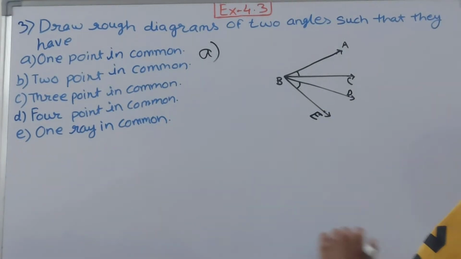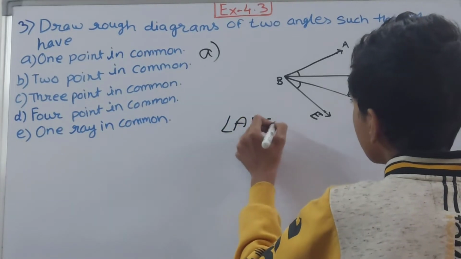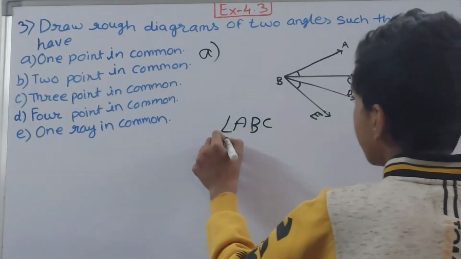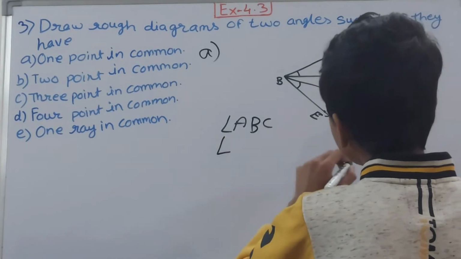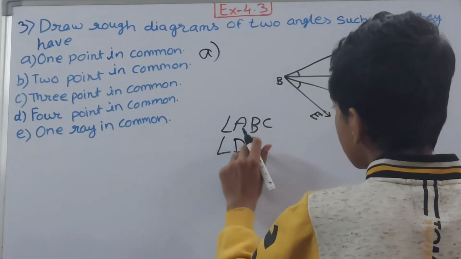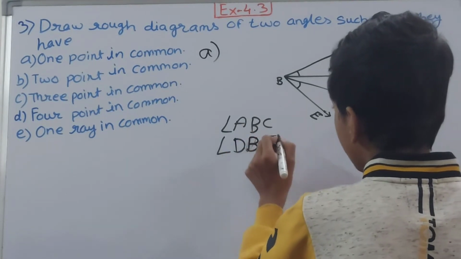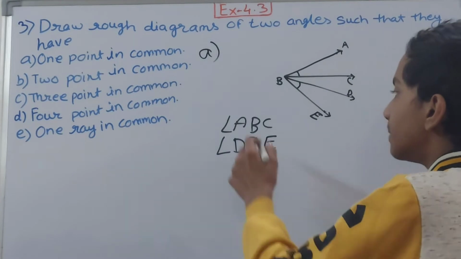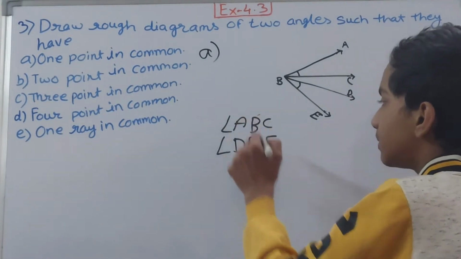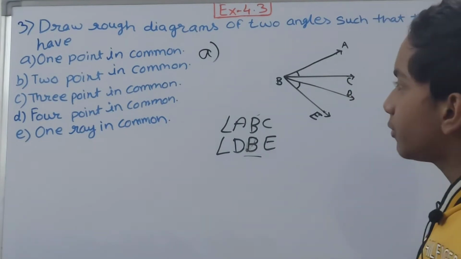So now the two angles which I have got are A, B, C, this is one, and the second one is D, B, E, so we have DBE, right? So this is one angle. Now in this, if you see, the common point is what? This B and this B, right? So again 1 point common in both of them. So we have solved the A part.